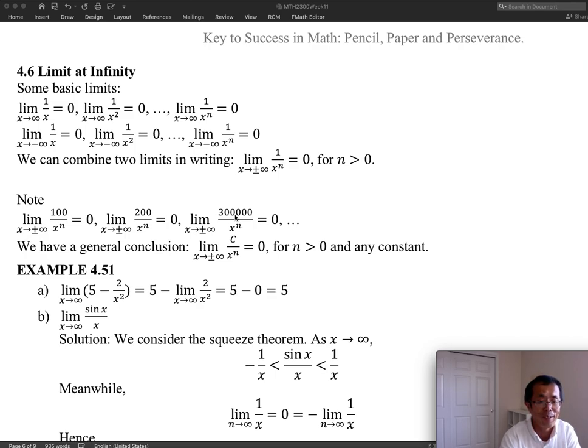Another thing worth mentioning: infinity is really not a number. It just denotes the situation of getting bigger and bigger than anything you could imagine. That's infinity.